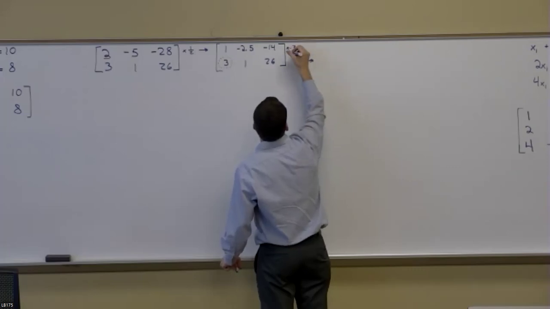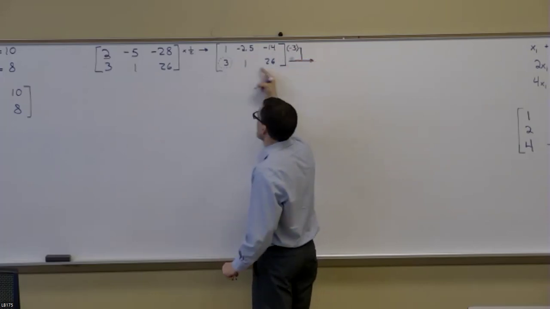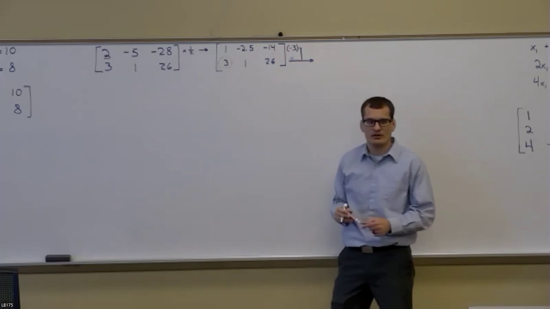So we're multiplying the first row by negative 3 and adding it to the second row. Everybody okay with that?